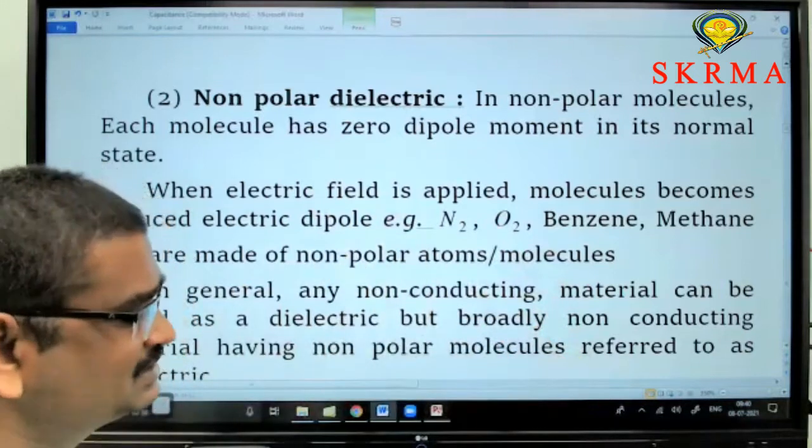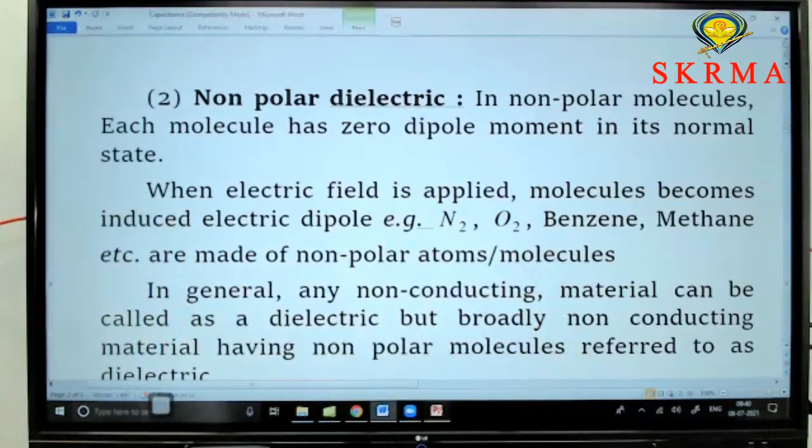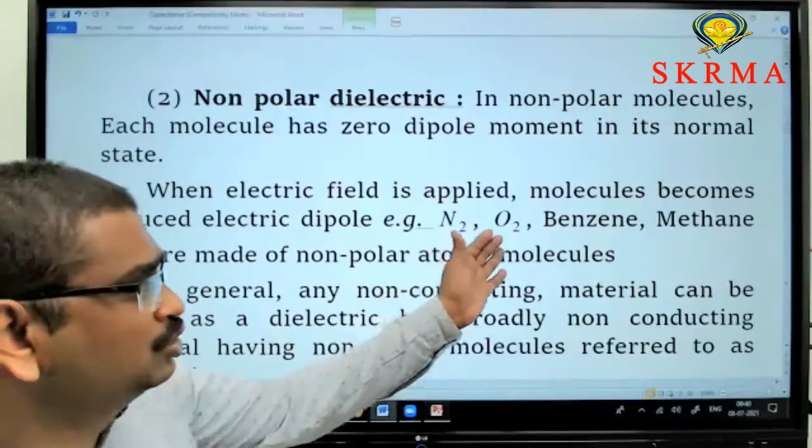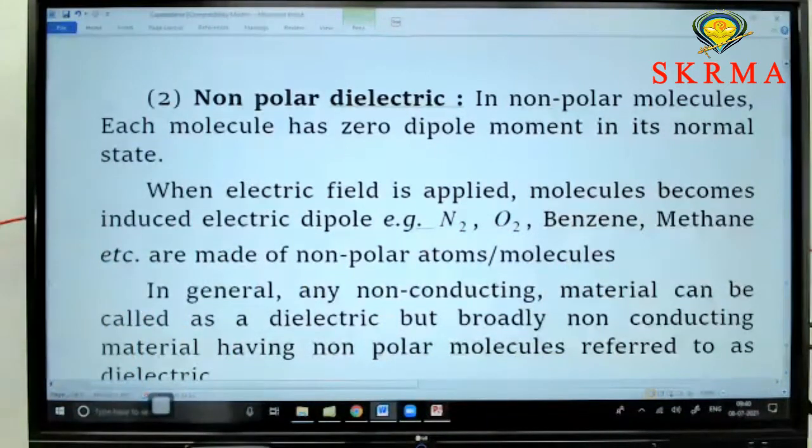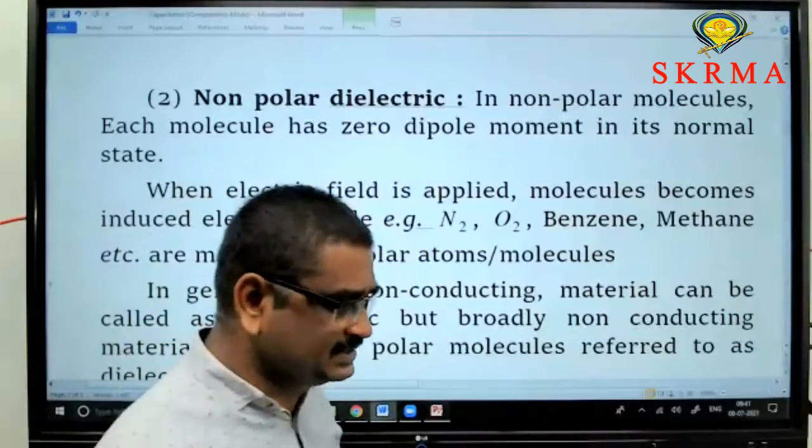That comes under non-polar dielectric. What are the examples? N2, O2, benzene, methane all come under non-polar dielectrics.